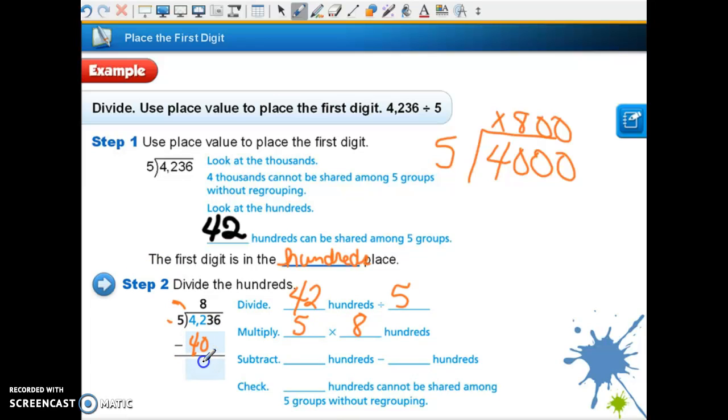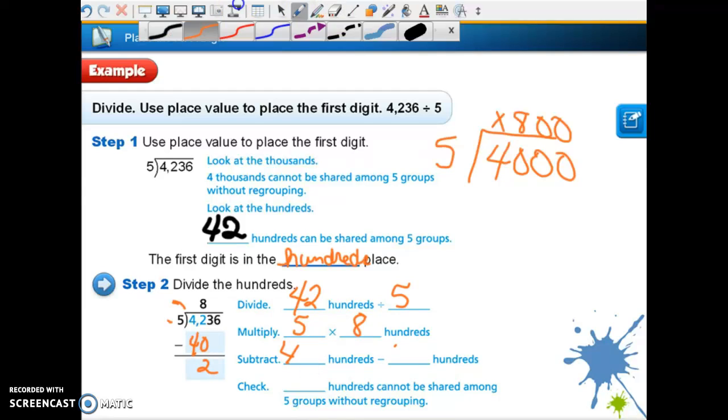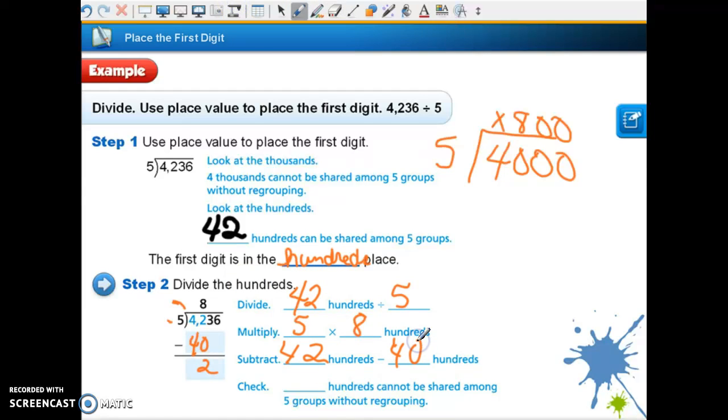If we subtract, we end up with a 2. Subtract 42 hundreds minus 40 hundreds. 2 hundreds cannot be shared among 5 groups without regrouping.